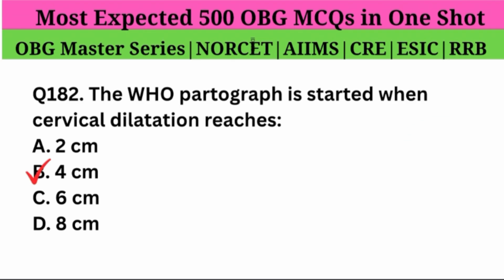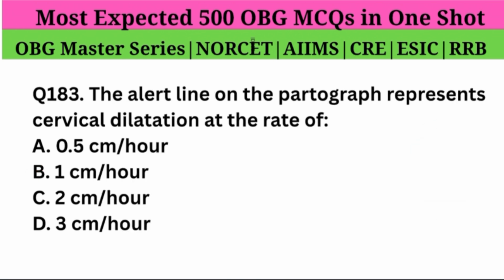Correct option is option B, 4 cm. Next question, the alert line on the partograph represents cervical dilatation at the rate of. Your correct option is option B, 1 cm per hour.